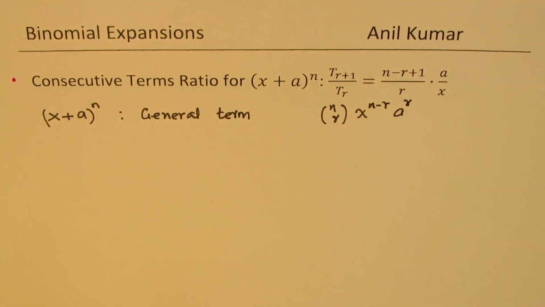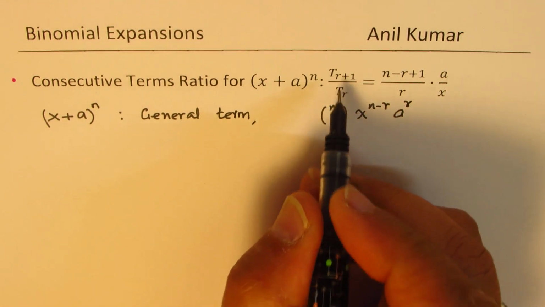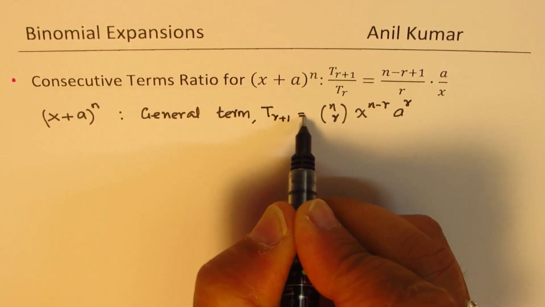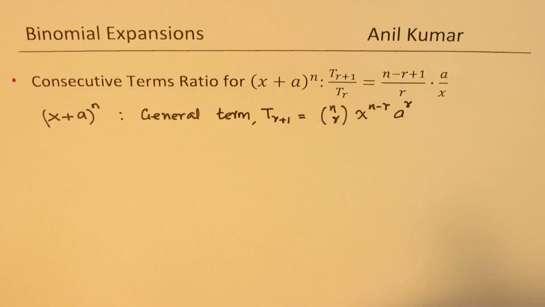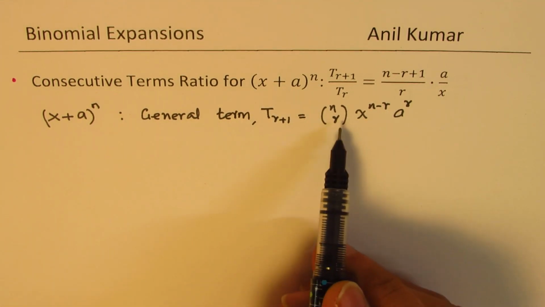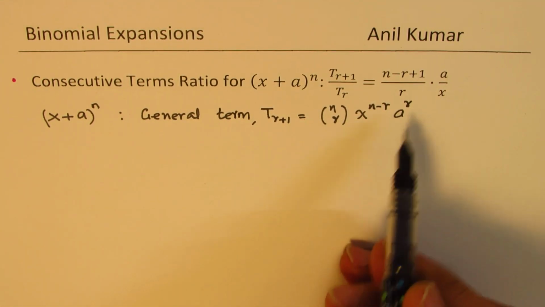So that is the general term. Now, as you know, this general term is actually term number r plus 1, since the series starts with 0, correct? That's very important to understand. So T(r+1) is basically the general term which you always refer to.